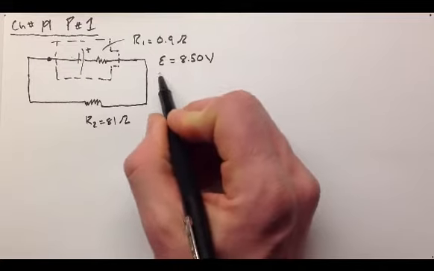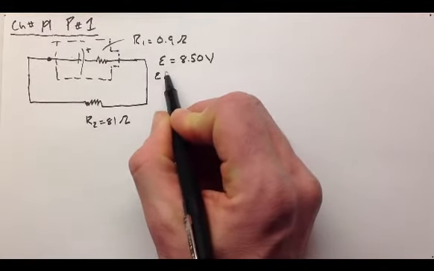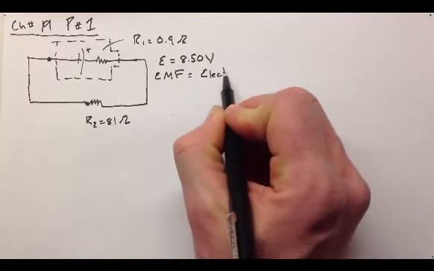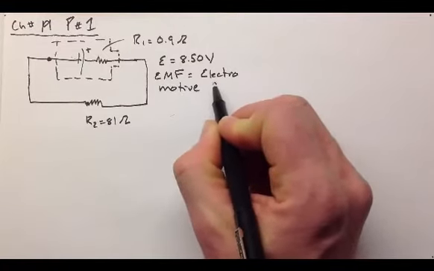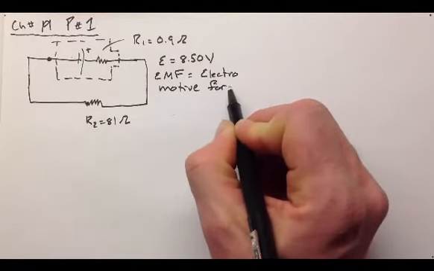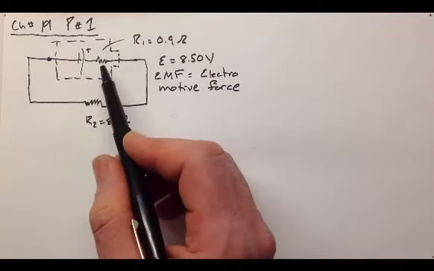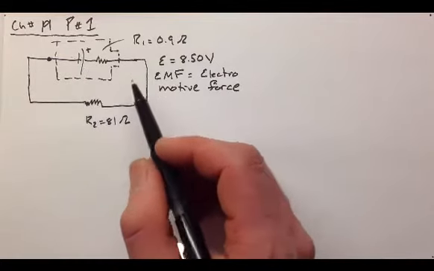Here this Greek letter epsilon, I think it's a capital epsilon, is short for EMF, or electromotive force. When you hear that term, you're going to want to think voltage, but specifically the voltage of a battery, or the perfect voltage of a battery.